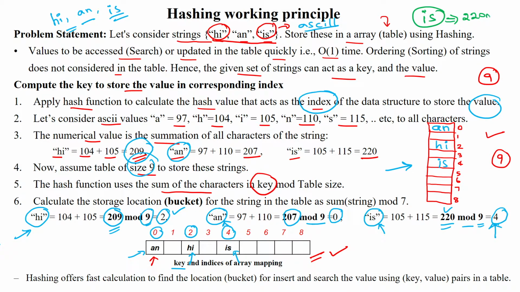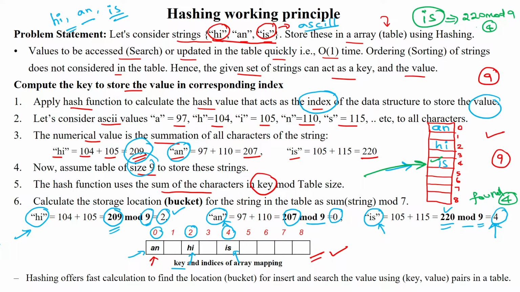Then we apply the table size 9. Here 220 mod 9 is 4. Directly our program will access index number 4 to check whether is is available or not. Yes, it is available. Immediately it will say data found at index number 4. So like that it will search the data.